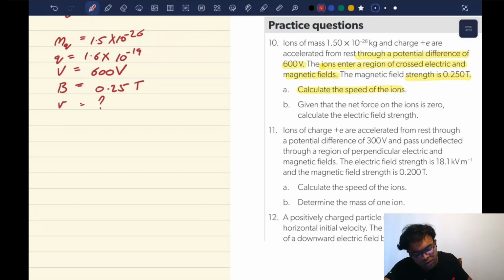Do you remember this formula? Basically, potential energy is equal to kinetic energy.